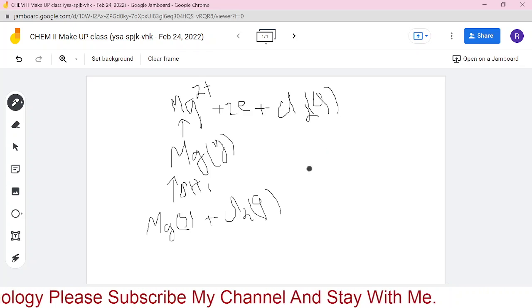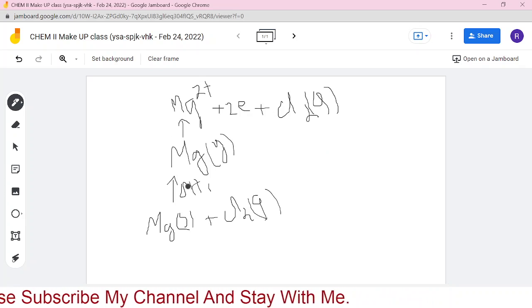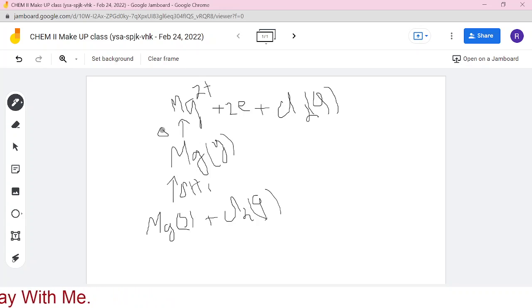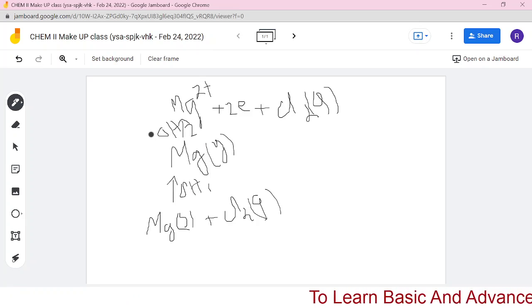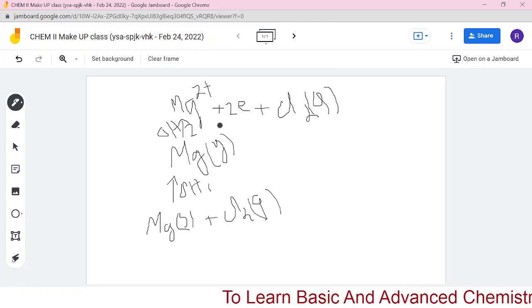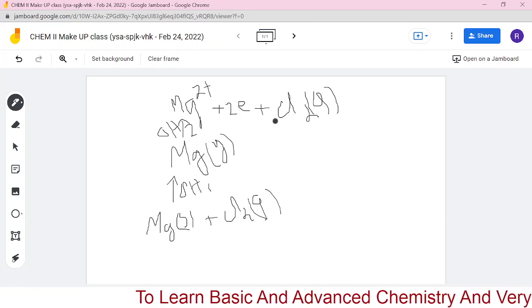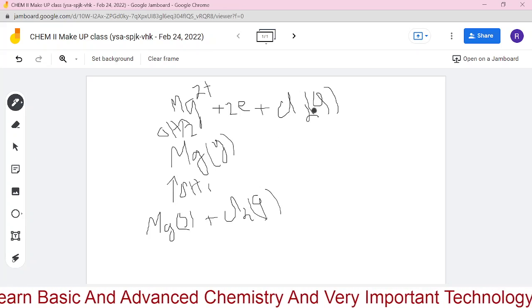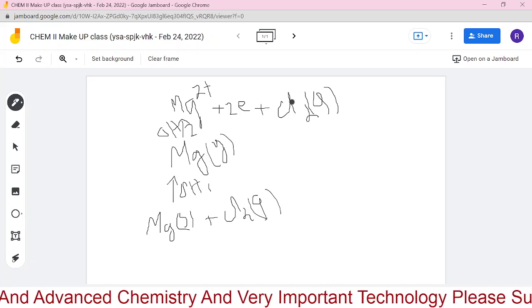You need some energy because we want to remove 2 electrons from this magnesium, so that will be delta H2. That is also energy we need to apply, so delta H is positive.